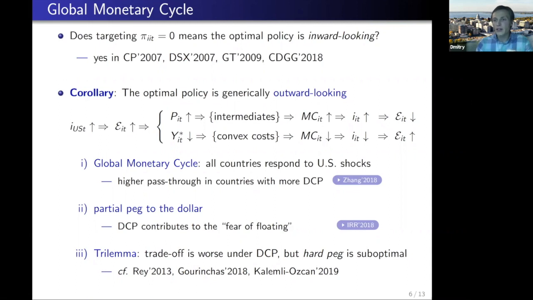The policymakers cannot replicate the efficient flexible price equilibrium here. But on the other hand, it's still not true that you want to have a full hard peg to the dollar. So there are still benefits of having some adjustment in the exchange rates. So in that sense, it is somewhere in between these two worlds of trilemma and dilemma.